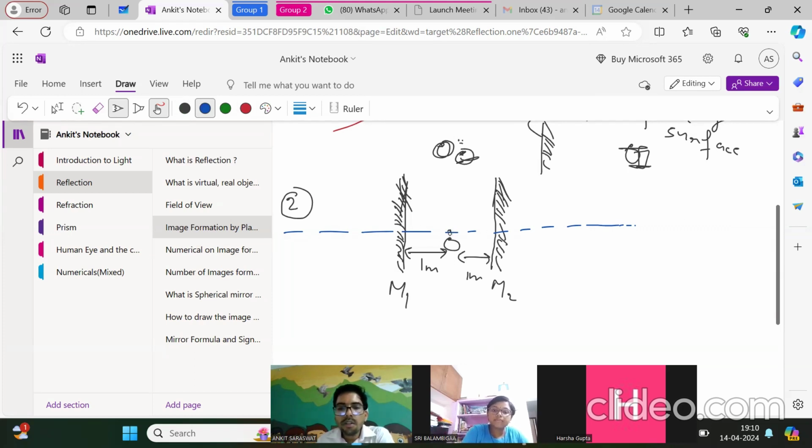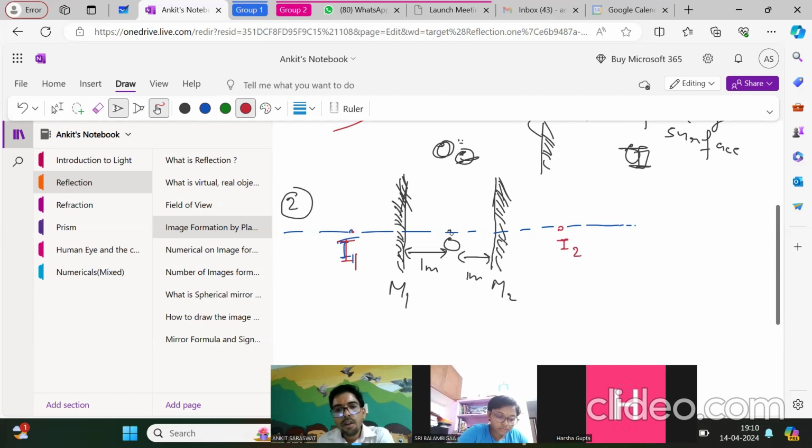With respect to mirror M1, if this object is 1 meter away, then the image will be here, I1. I will use this red pen, I1. Clear? Any doubt? With respect to mirror 2, this object is here, then image I2 will be here.